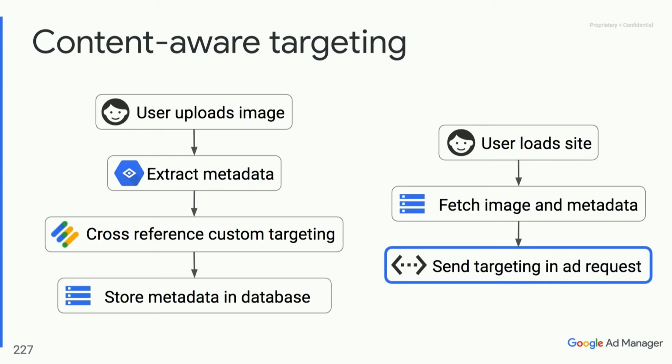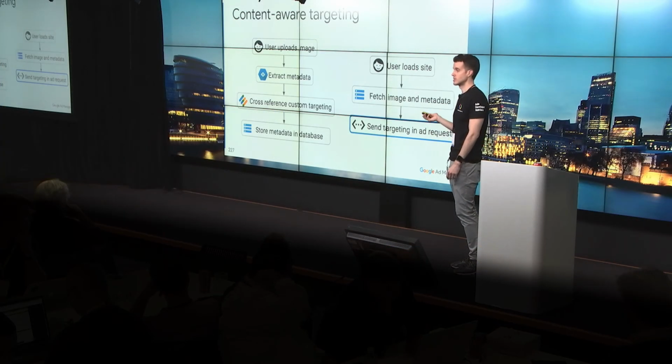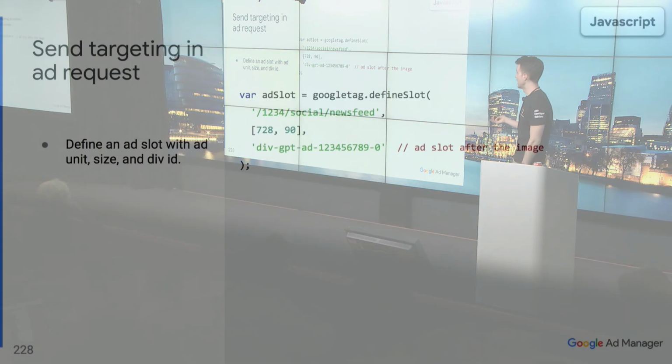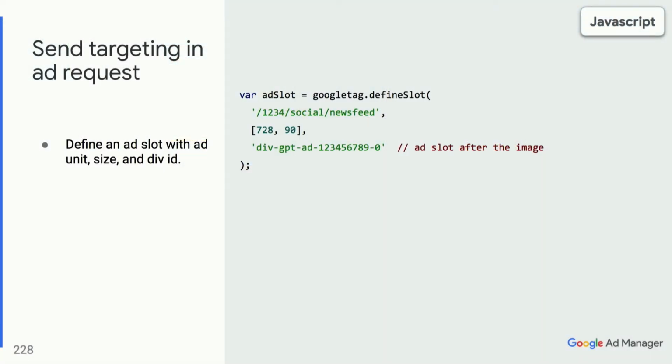So when the user loads a slide, we need to fetch the image and the metadata, and then we're going to see how to set that custom targeting. So we've seen examples today of using GPT. In this case, we're using the Google tag library to define an ad slot.